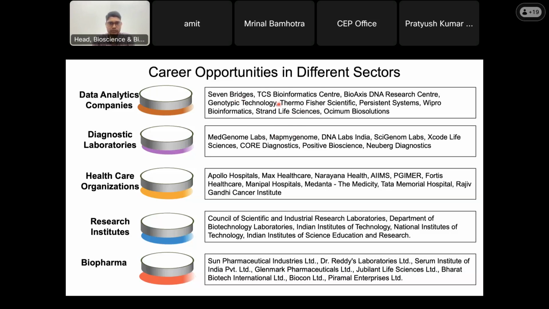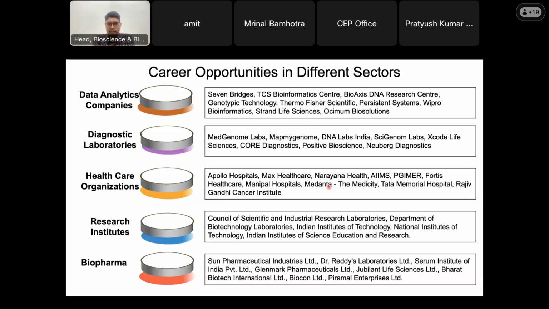TCS Bioinformatics Center, for example, in the data analytics domain. Then you have MedGenome, Map My Genome, and a lot of diagnostic laboratories and startups working in this sector.